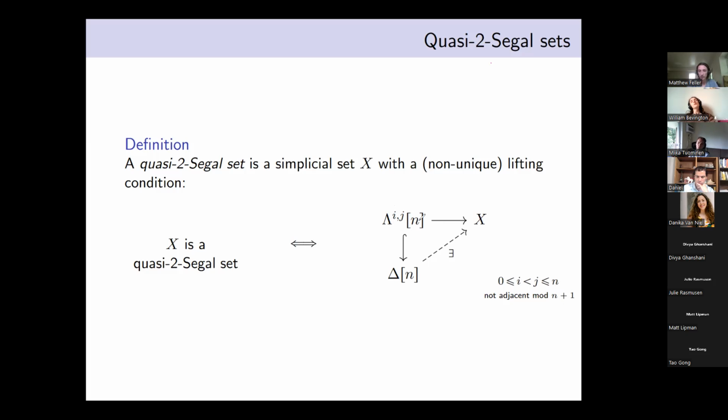What that means for the lowest level, n equals 3, is that the 2 options you get are the 2 triangulations of the square here. So this would be lambda 1, 3, I think, and this would be lambda 0, 2. Those are the 2 things you get in the lowest level.